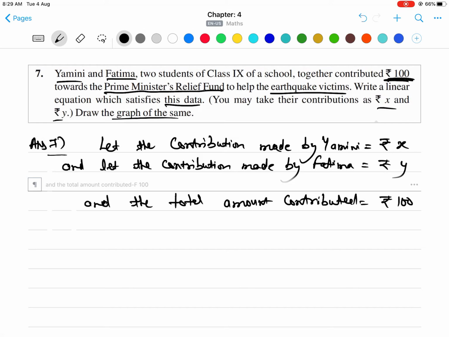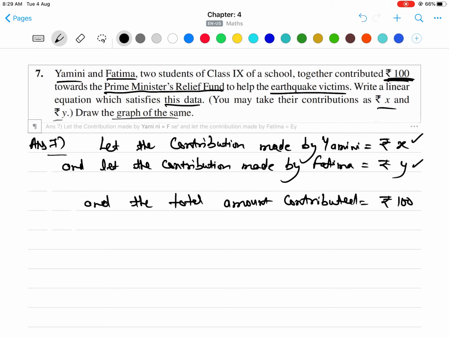Okay, so we have taken the contribution made by Yamini as x rupees, and the contribution made by Fatima as y rupees, and the total amount contributed is 100 rupees.